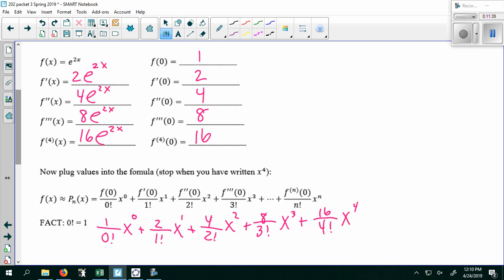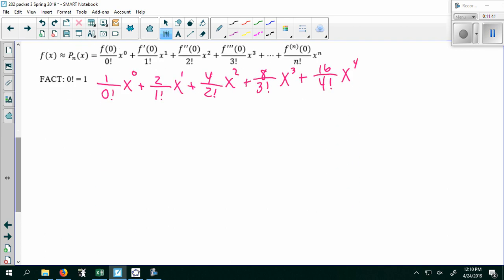Now I'm just going to simplify these fractions. 0 factorial is 1. 1 over 1 is 1, and x to the 0 is 1. So this whole first term is 1. And then 1 factorial is 1, so this is 2x. And then 2 factorial, that's 2 times 1, so that's 2. 4 over 2 is 2x squared. 3 factorial is 6, that's 3 times 2 times 1.